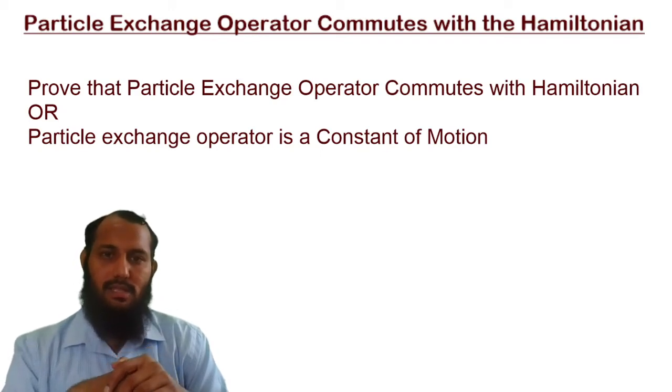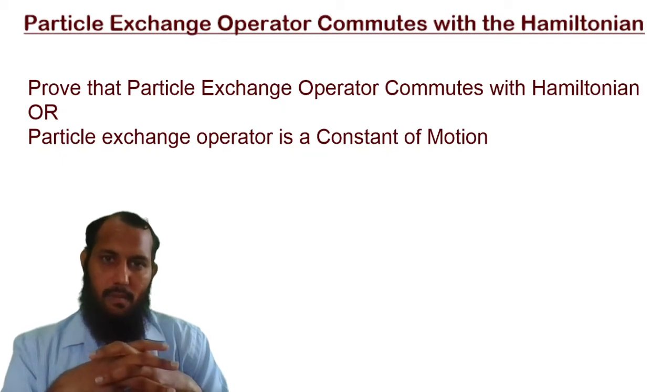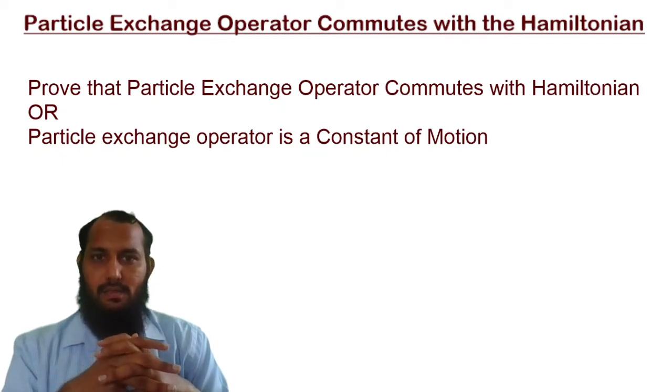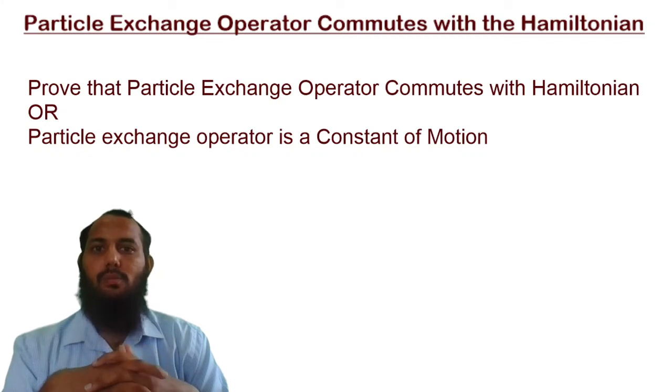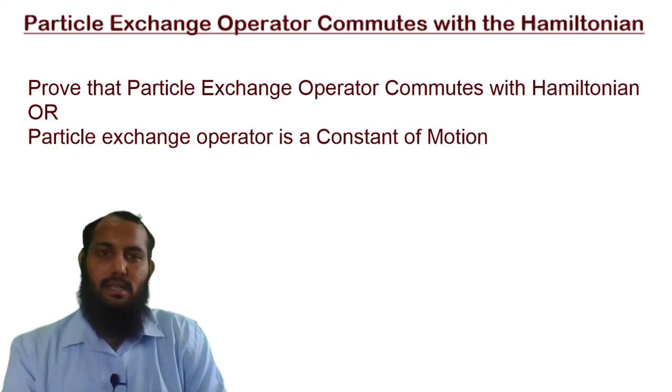This is a 5-mark question which may come in the university examination. With this, we end this lecture, and in the next lecture we are going to see one more property of the particle exchange operator, that is, what are the eigenvalues of the particle exchange operator.